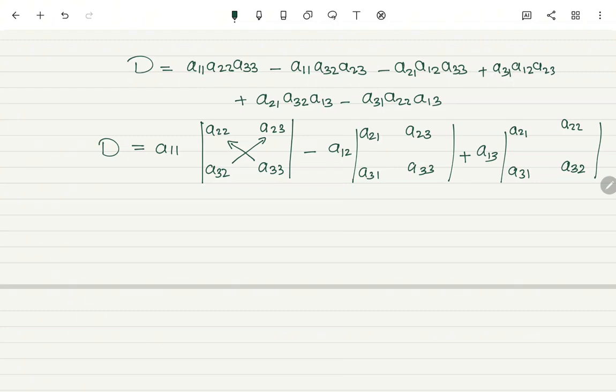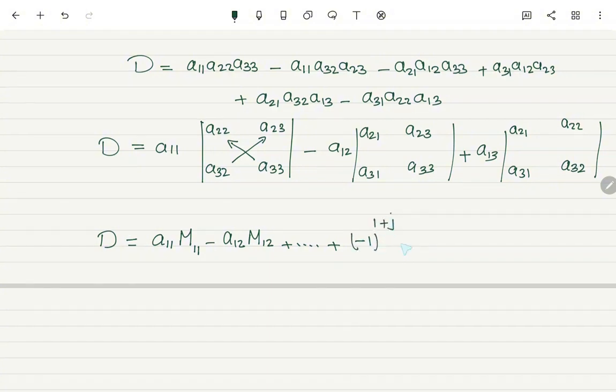In this case here, D equal to A11 M11 minus A12 M12 plus minus 1 to the power 1 plus j A1j M1j plus minus 1 to the power 1 plus n A1n M1n.